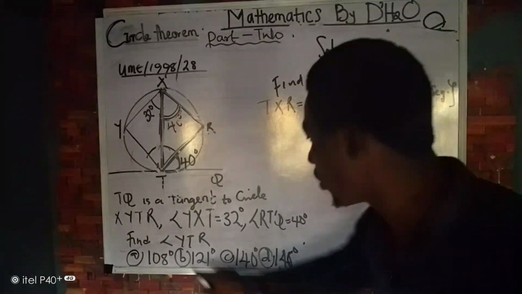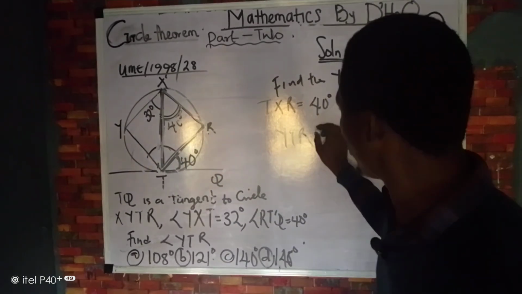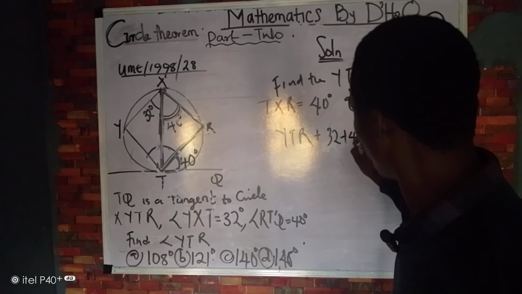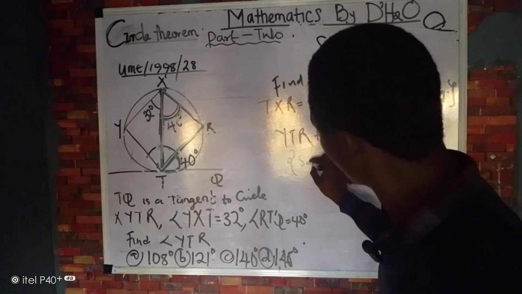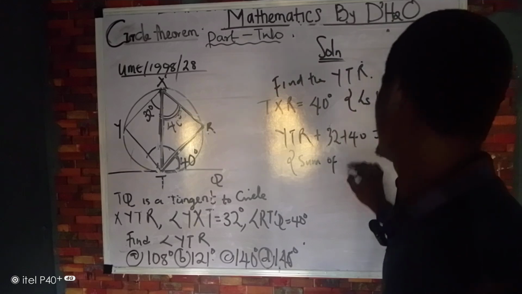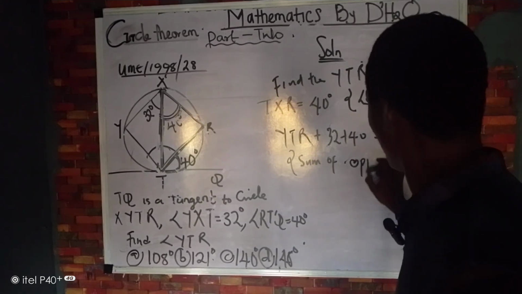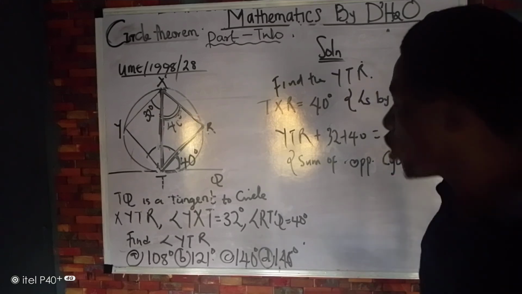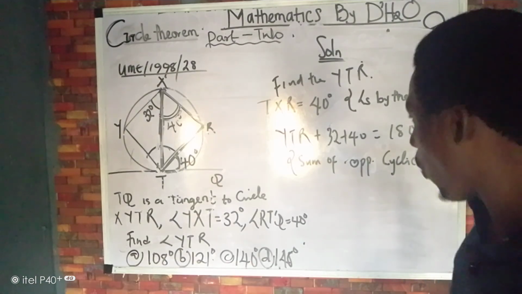So what do we say now? We are going to say that angle YTR, which is this angle here, plus 32 plus 40 is equal to 180. What is our reason? Sum of opposite angles in a cyclic quadrilateral is 180.